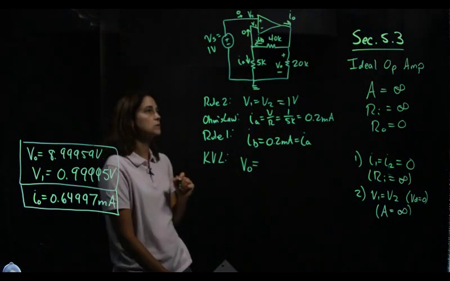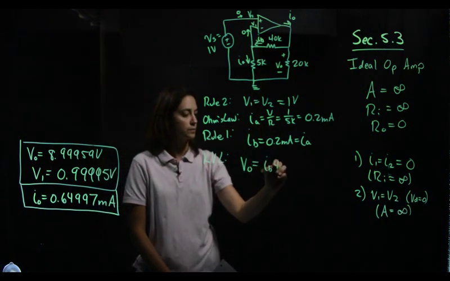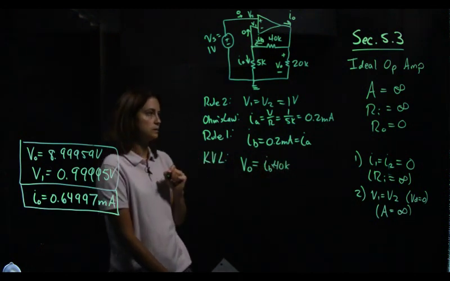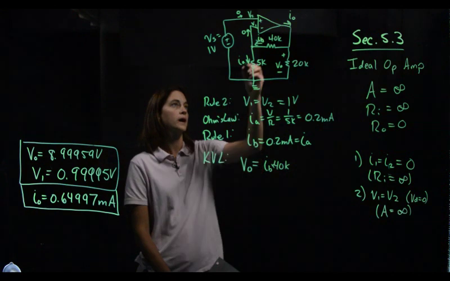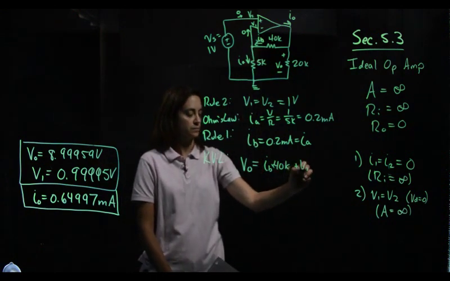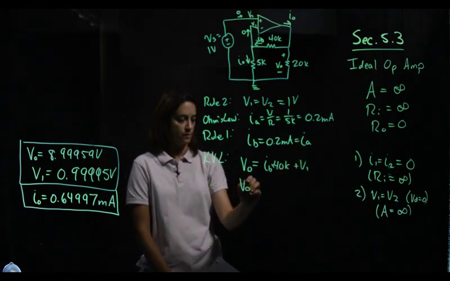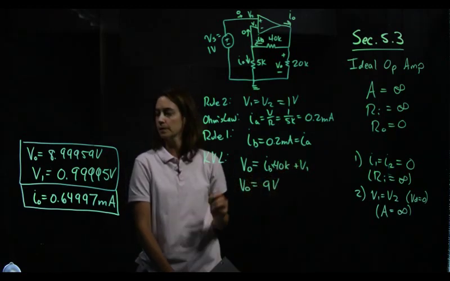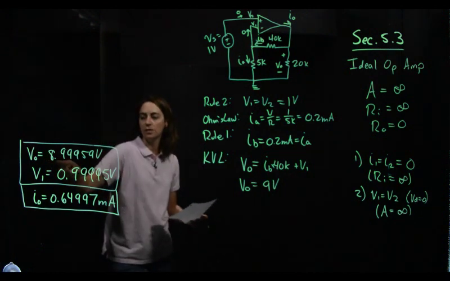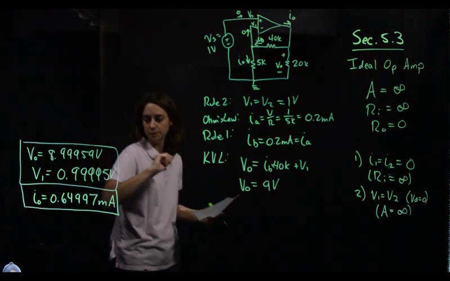VO is going to be equal to IB times 40K plus my V1, because that's across here. So I get VO equals 9 volts. All right, so in the other way that we did the problem, we got VO is 8.9999959. That's pretty much 9 volts.